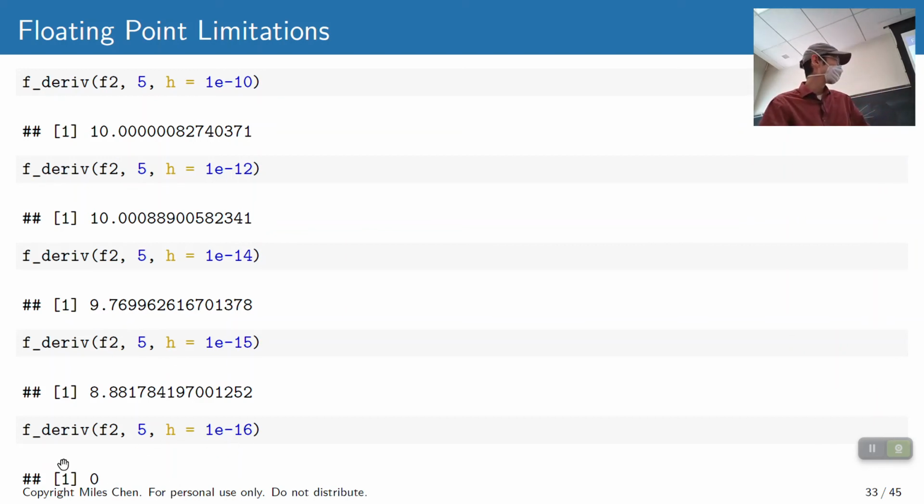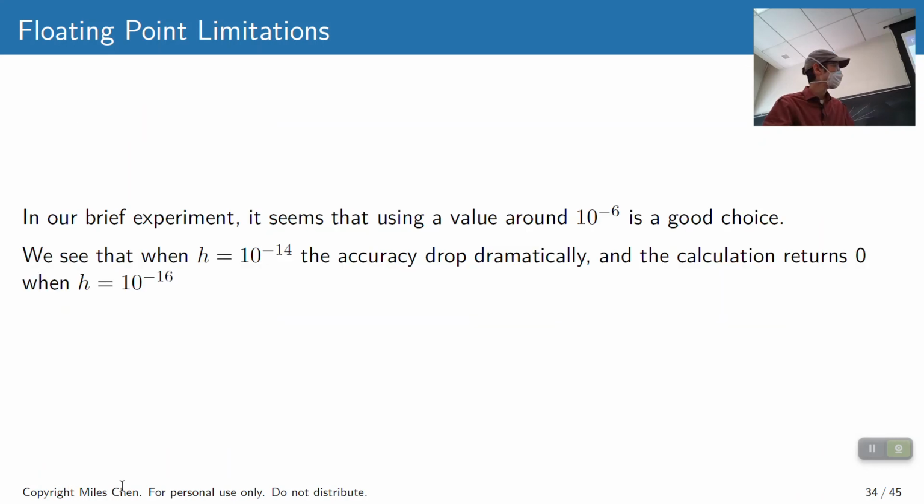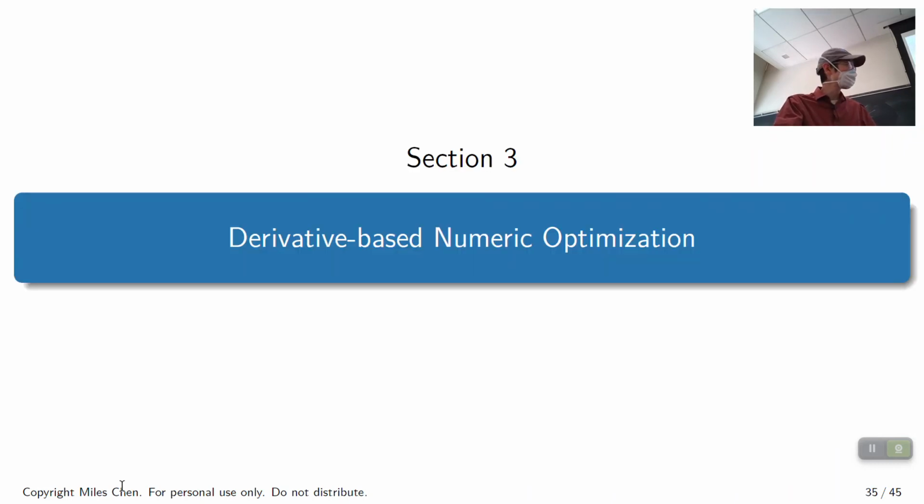And so here, if I try to do this, it can't even register the difference. It says that your derivative is 0, because the difference between 5.0 and 5 plus 10 to the negative 16 squared just registers as 0. So we can see the accuracy drop dramatically, and the calculation actually returns 0 here.